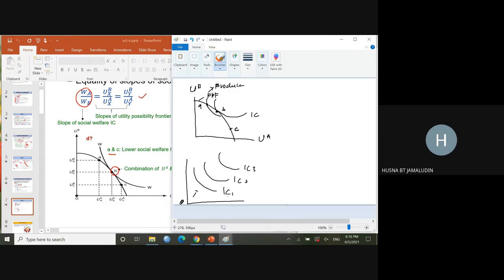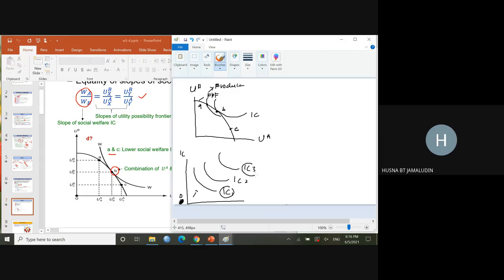Everyone? Madam, I think maybe it is one. Okay. So this is your origin. 0 is your origin. The higher the indifference curve is from the origin, the higher the utility. So indifference curve 1 is closer to the origin, so the utility is not high. Indifference curve 2 has higher utility compared to indifference curve 1.